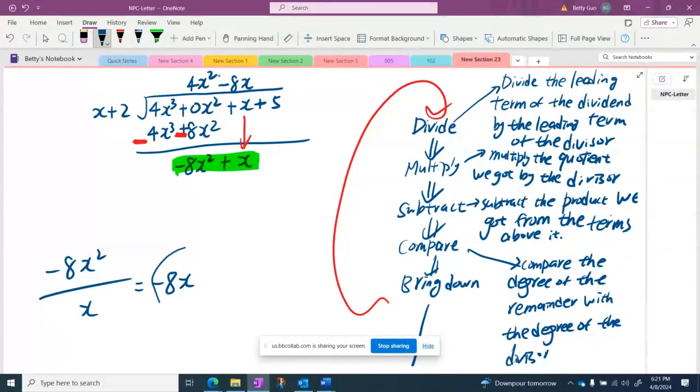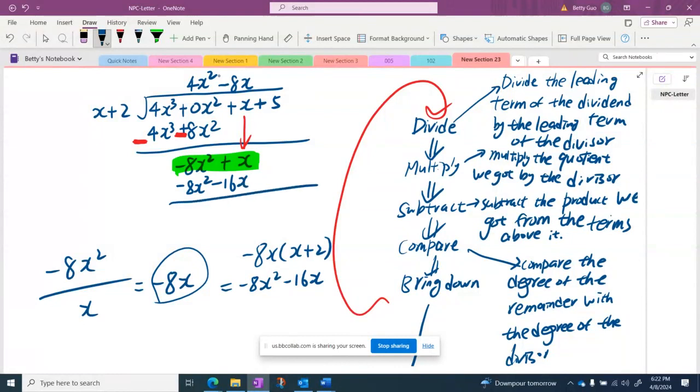Multiply the quotient we just got by the divisor. The divisor is still x plus 2. Let's distribute. Negative 8x times x is negative 8x squared. Negative 8x times 2 is negative 16x. Those are something we have already covered last time, multiplying a monomial by a binomial. And now we are going to place the product right below the new dividend.